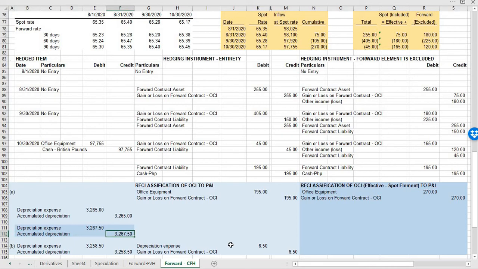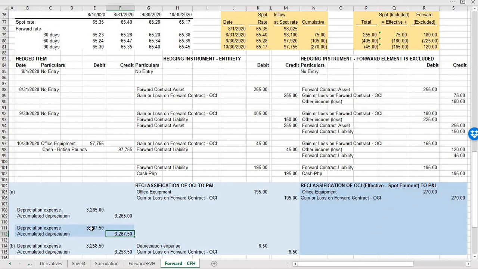Dito ko na lang siya nilagay pero iniba ko yung kulay. Pinares ko yung color dito sa ating column na to para ma-identify natin na itong depreciation expense na to is computed based on the adjusted cost of the office equipment if the forward element is excluded in the hedging instrument.